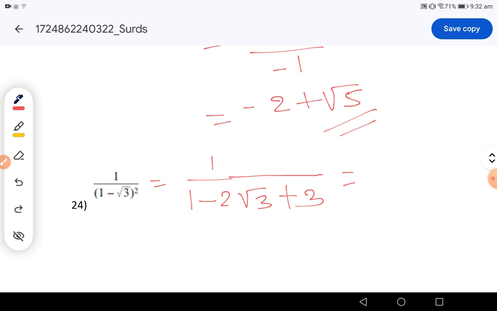So 1 plus 3 is 4. So 1 by 4 minus 2 root 3.